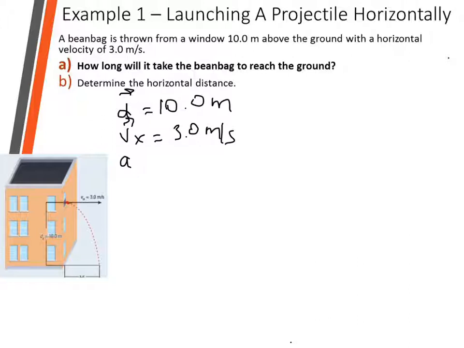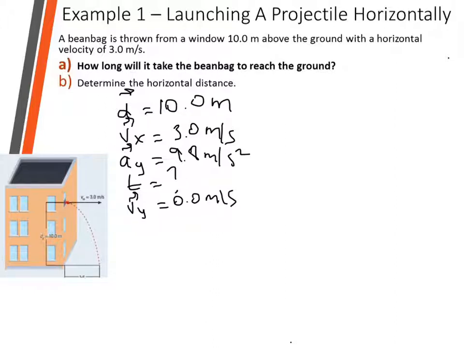We know our acceleration, which is in the y direction, just so we know, is 9.8 meters per second squared. And we're being asked to figure out our t. We also know that our Vy initial is going to be 0 meters per second because we're assuming that it is launched directly horizontal.